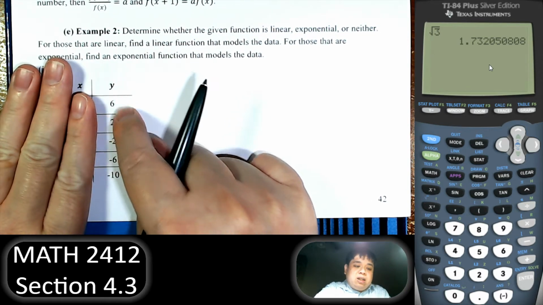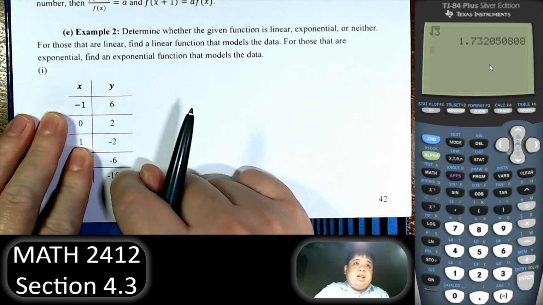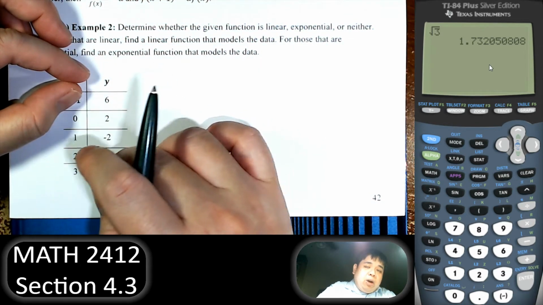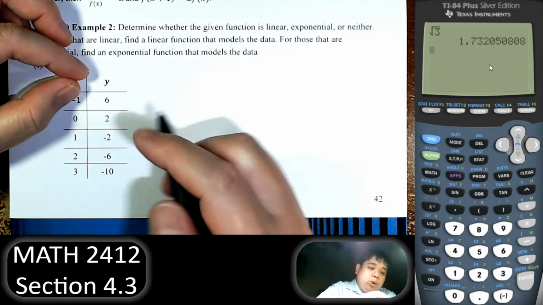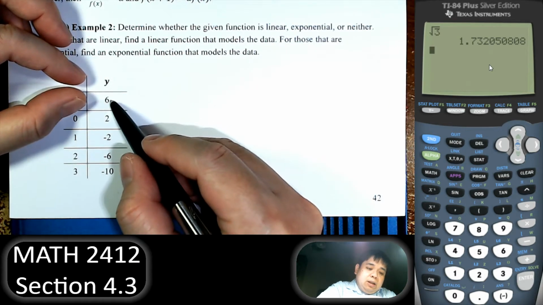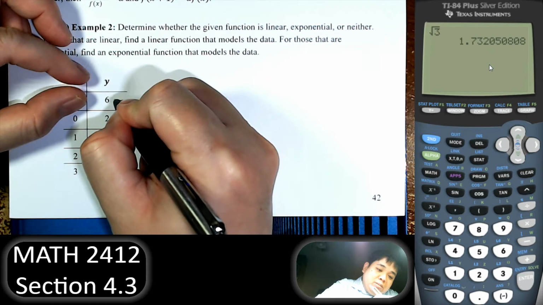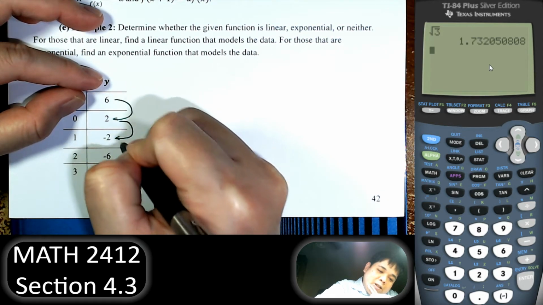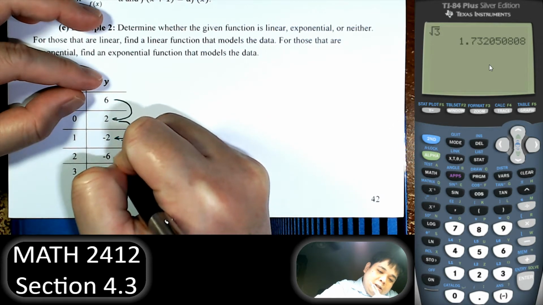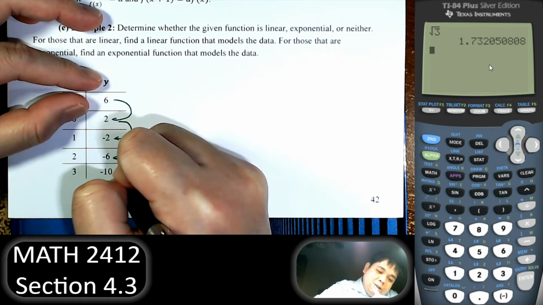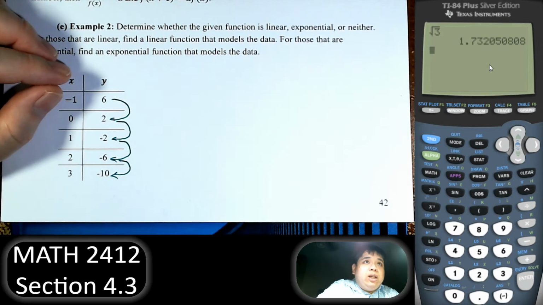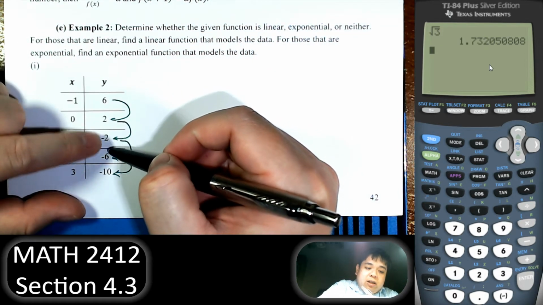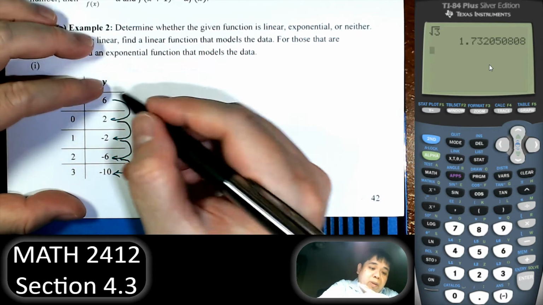We just look at the numbers 6, 2, -2, -6, and -10. Do they increase by the same number, or do they multiply? How do we get from this number to the next? So what we see here is, to get from this number to the next, we minus 4, right?